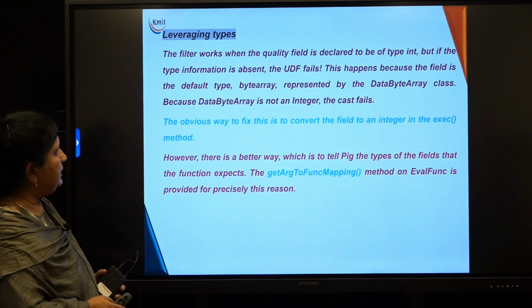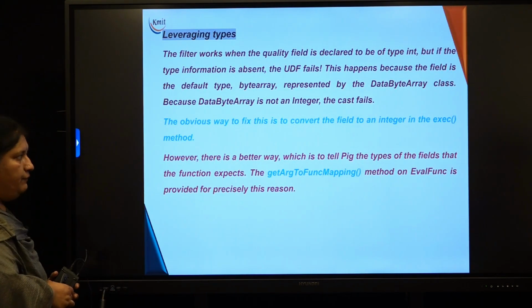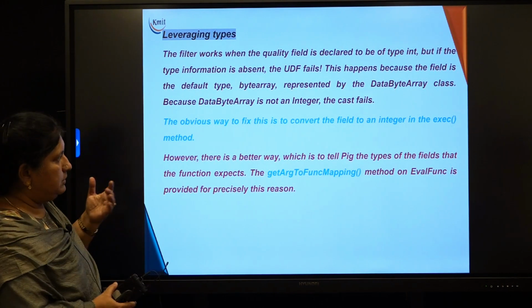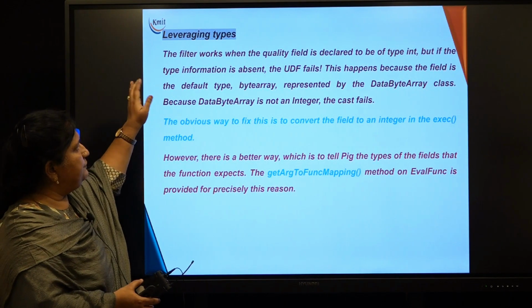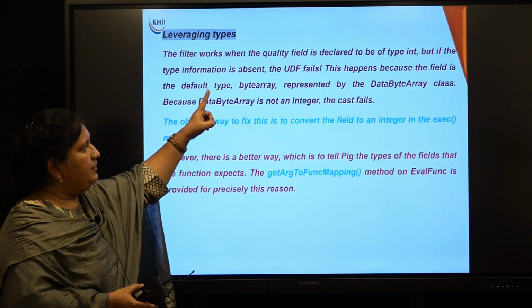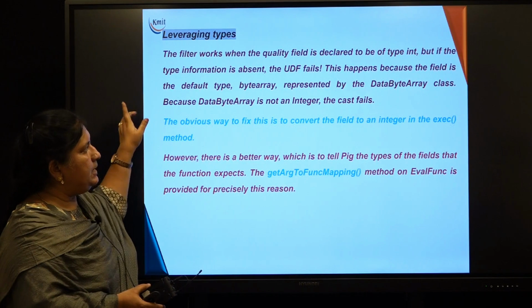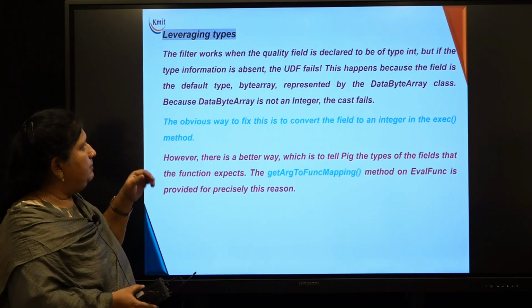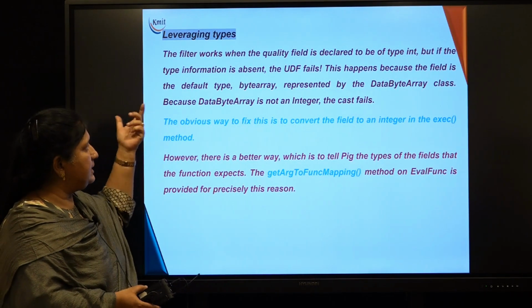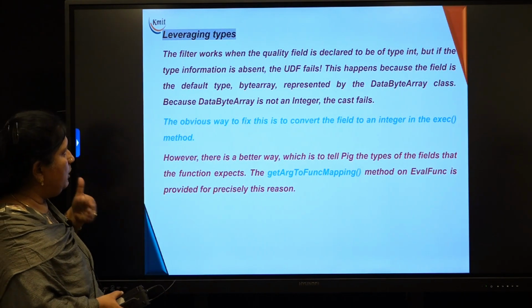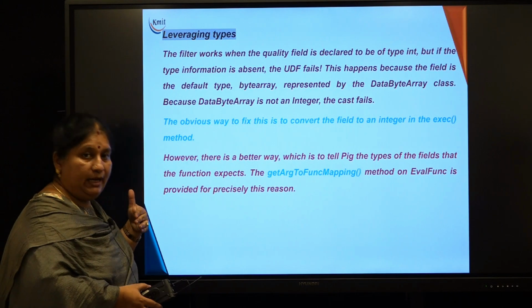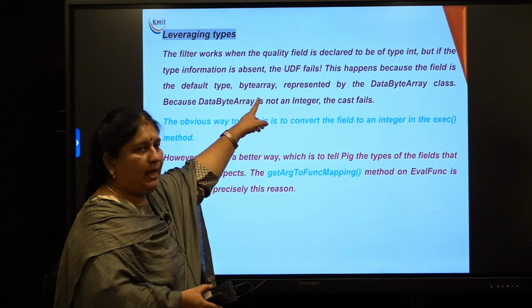Then, leveraging types: what happens when you are converting data types, just like typecasting. The filter function works when the quality field which you have declared in this example is of type integer. But what if the type information is absent? The UDF fails, because the default data type in Pig is bytearray.